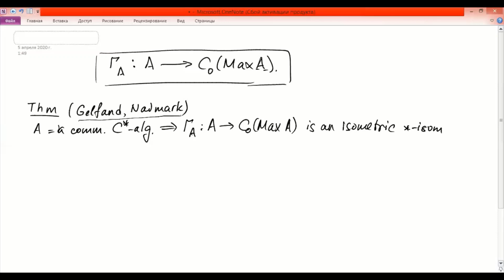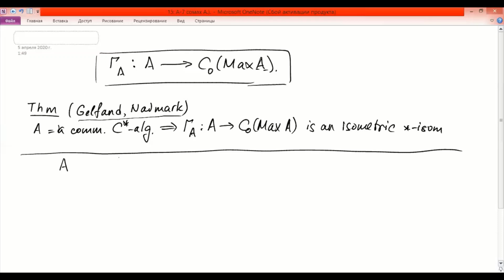Well, very briefly, the idea of working with non-unital algebras and of proving such results is to consider the so-called unitization of A. So if A is a non-unital algebra, then the unitization of A is defined as follows.